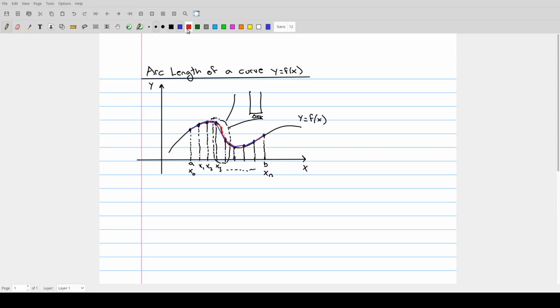The top of the rectangle goes like this. It goes from the function value here to the function value here. So you have a change of delta yk. That's not the height of the rectangle, but it's the height of this piece right here, this distance right here. That's delta yk.